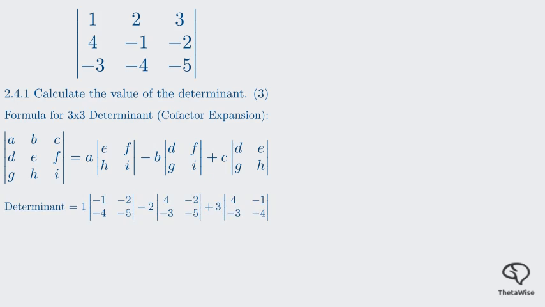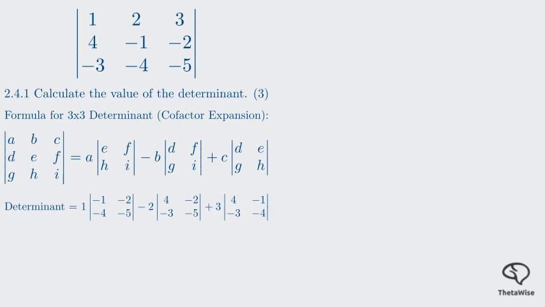Let's pause here. Where did these smaller 2x2 matrices come from? For the first term, with the element 1, we cover its row and its column. What's left is the 2x2 matrix -1, -2, -4, -5. We do the same for the element 2 and for the element 3. Now we need to calculate the determinant of each of these 3 2x2 matrices.